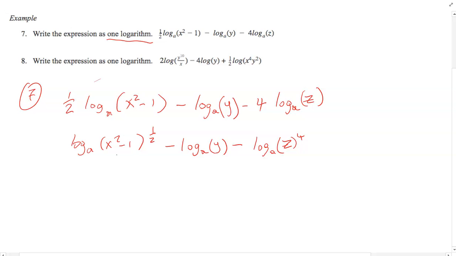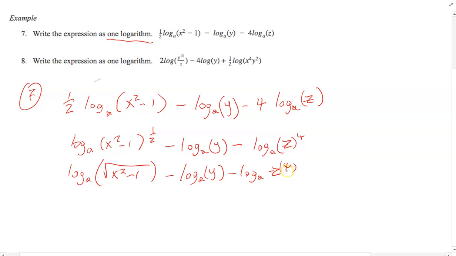Continuing on, we're going to write this as log base a of the square root of x squared minus 1, minus log base a of y, minus log base a of z to the 4th.